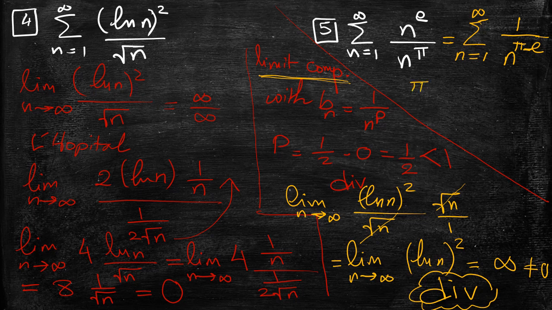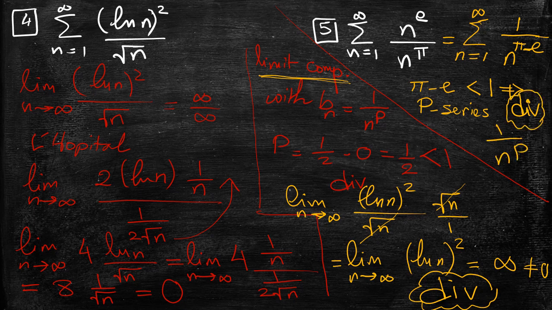So pi minus e is less than 1. What does this mean? It means it's a p series, and p has value less than 1, so it's a divergent series. So from the definition, 1 over n power p is my series, and this p less than 1, so we are already considering a regular p series in standard form, and p less than 1, so this one is a divergent series.